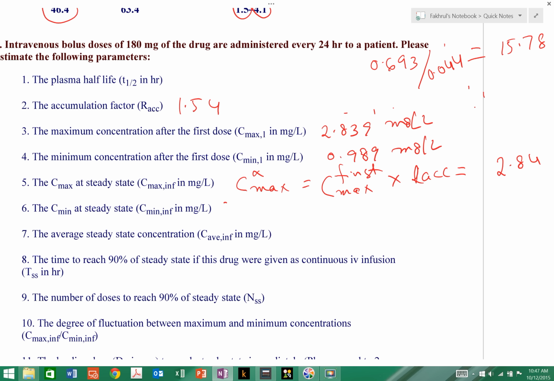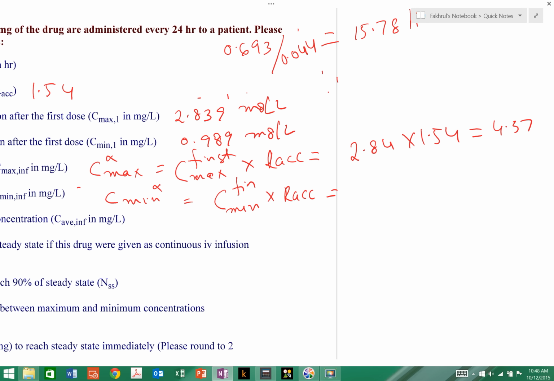Then Cmin at steady state. So we have to use this equation. Cmin at steady state is equal to Cmin first times RA. So what was our Cmin? This was our Cmin, 0.989 times 1.54.